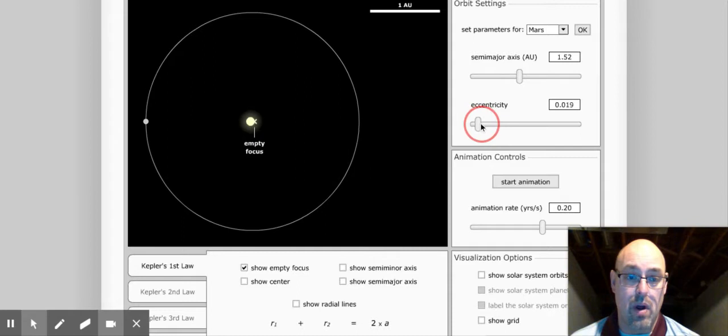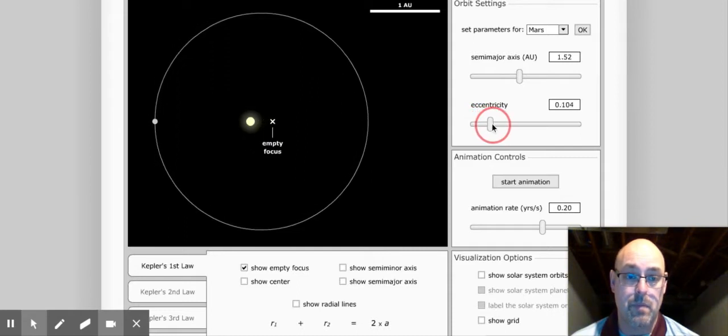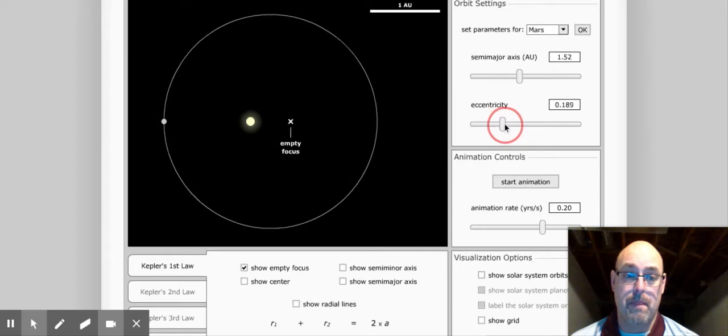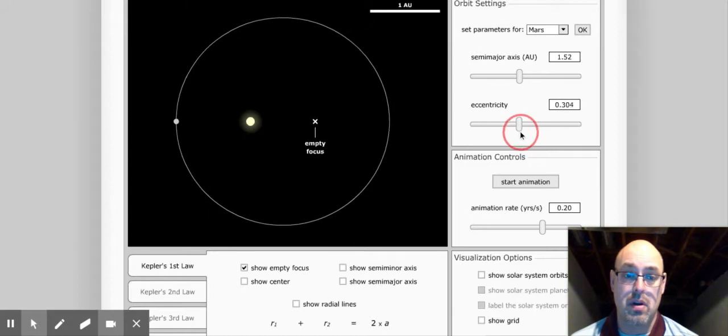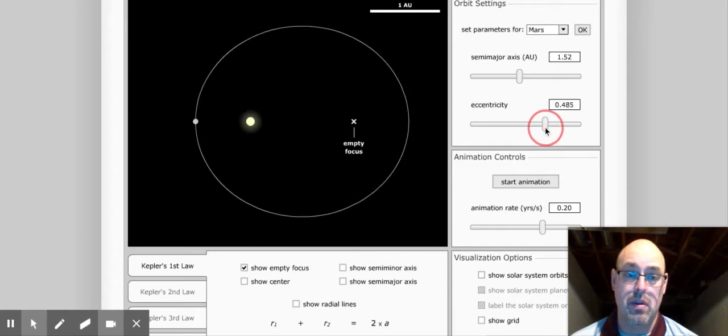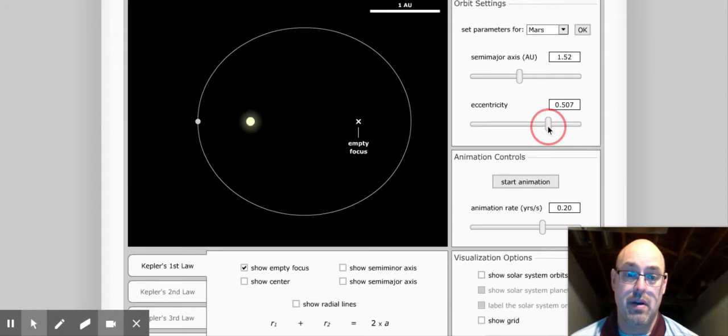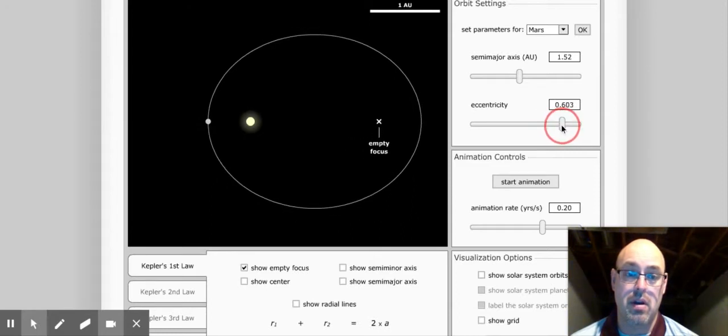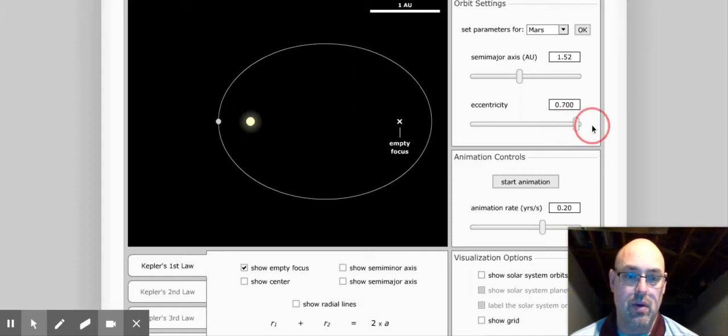Okay, I'm going to go to 0.1. 0.2. 0.3. 0.4. 0.5. Approximately 0.6. And I go all the way here to 0.7.